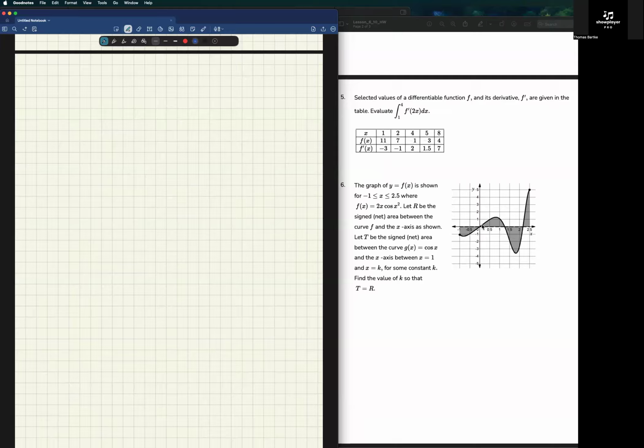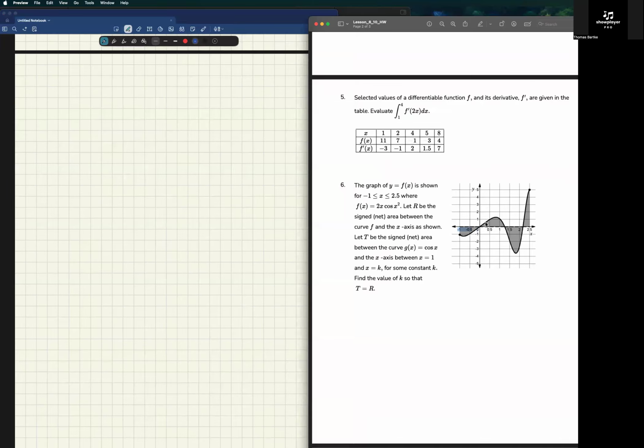Okay, so I don't know how to apply my crayon here. I need to maybe figure out how to do this. But the point is, cosine of x starts somewhere here and then goes down and then goes over there.